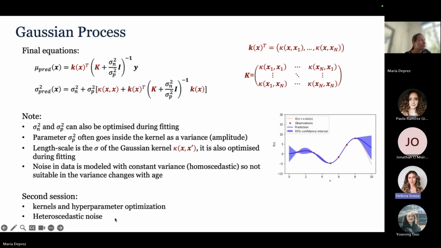And heteroscedastic noise, we'll look at it and come back to it in the second session. That's it.